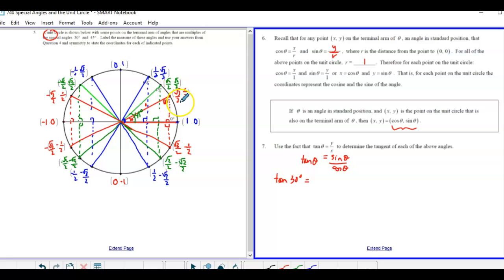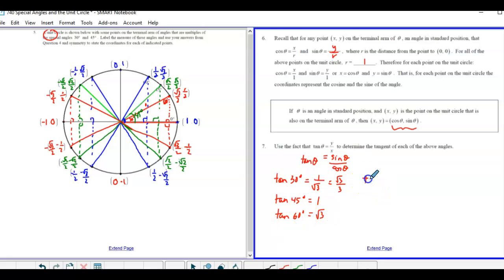They all have the same denominator, so that's going to be 1 over root 3. We've already done this before, which is root 3 over 3. Tan of 45 has the exact same values for y and x, so that's going to be 1. Tan of 60 is root 3 over 2 over a half, the 2's divide out, so that's root 3.